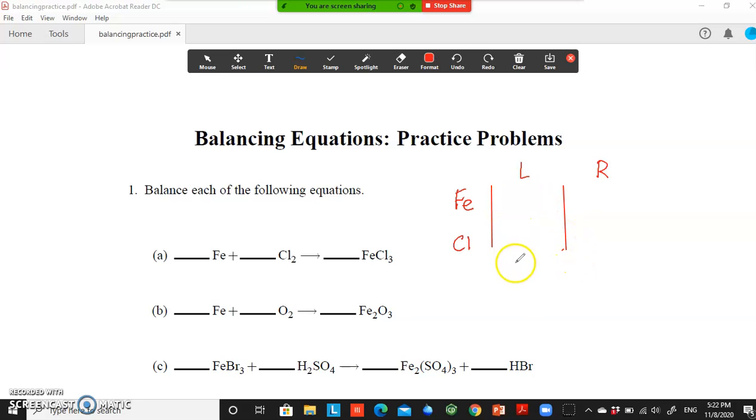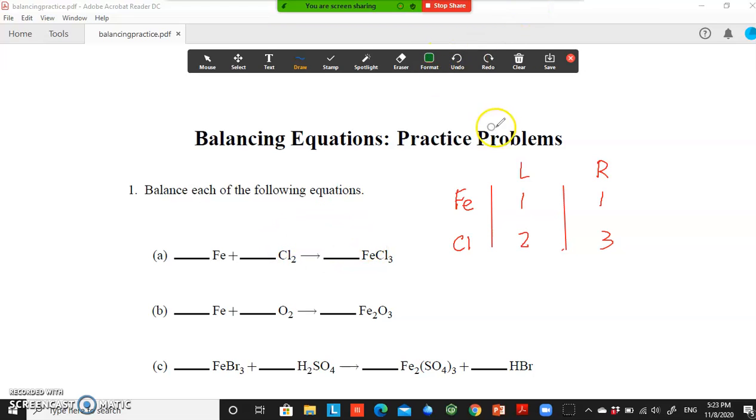So now you have to fill in the number of these particular elements on the left side and on the right side. So for iron, on the left side you have one iron, and on the right side you have one iron as well. And then on the left side you have 2 chlorine, on the right side you have 3 chlorine. So in this case you can see that you have to balance the chlorine atoms in order to make sure the equation is well balanced.